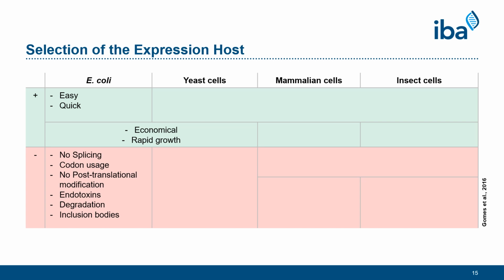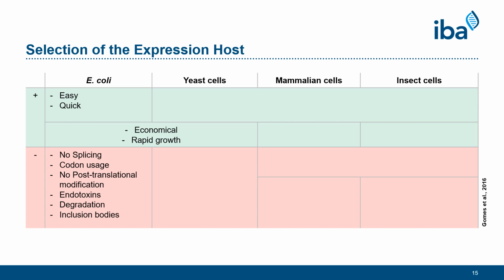But if you want to express a eukaryotic protein, there are some challenges because E. coli cannot splice the mRNA, so you have to use a coding sequence without introns. Furthermore, it has a different codon usage compared to eukaryotic hosts that can cause a reduced yield or incomplete translation.